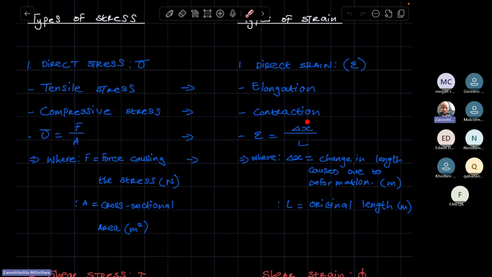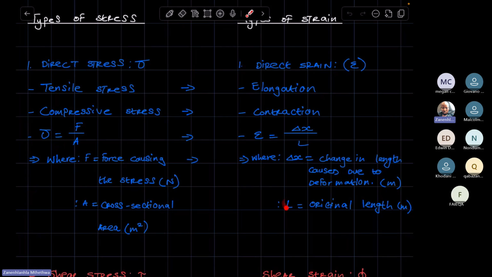Now, the change in length might not be visible to the naked eye, but you always get some change in length if you subject a material to some direct stress. That deformation, or that change in length due to a deformation, we refer to as change in x, and then L stands for the original length of the material you are looking at.